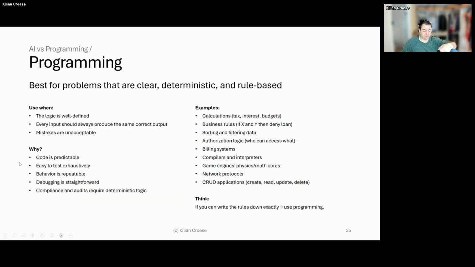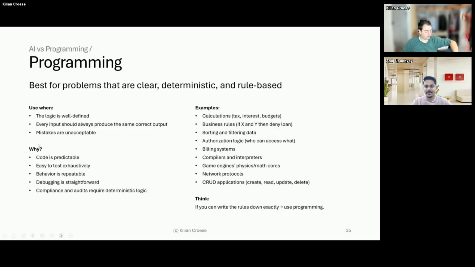You could grab a piece of paper and a pen and write down the business rules. Also, it needs to be repeatable, so every input should produce the exact same output, and mistakes cannot be made. Sending out invoices is one of the examples we've had. You don't really want to accept that 2% of your invoices contain a false amount. That's just not acceptable.